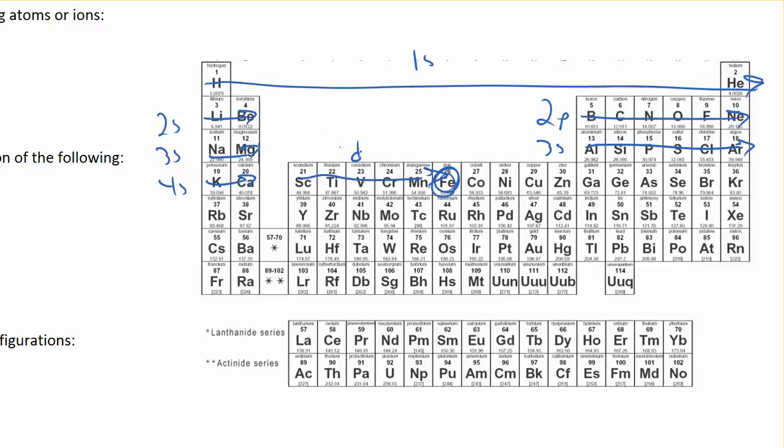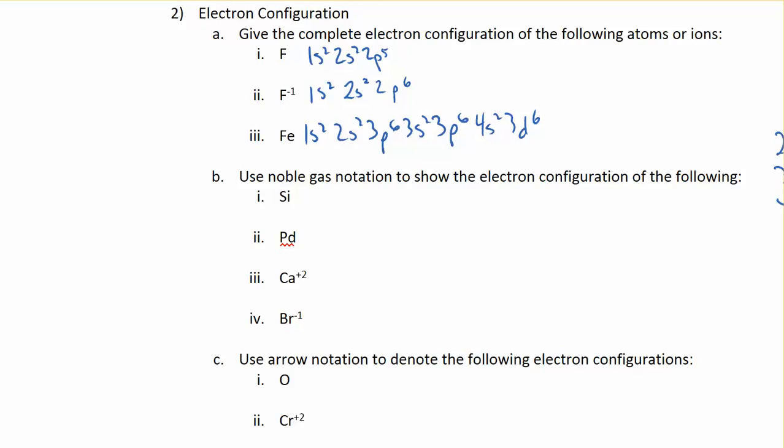Recall that the d orbital is in fact one energy level behind the valence electrons, or behind the s and the p orbitals. So the electron configuration of iron would look like 1s2, 2s2, 2p6, 3s2, 3p6, 4s2, 3d6.